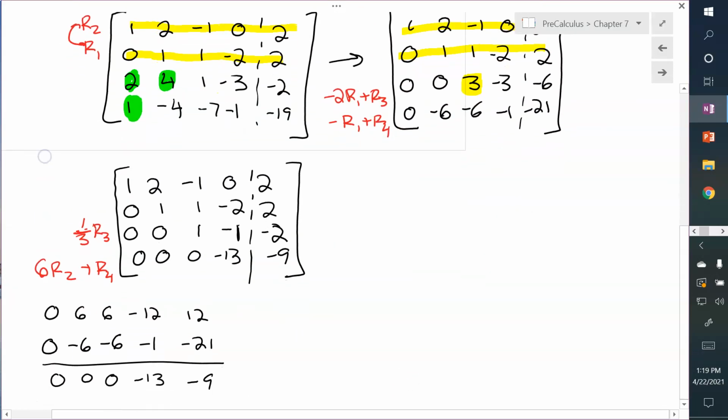Okay. So now all I have to do is take that last row and multiply it by 1/13. Oh, sorry, I made a mistake again. This is -39. Okay. So then when I multiply that by 1/13, see what I get?